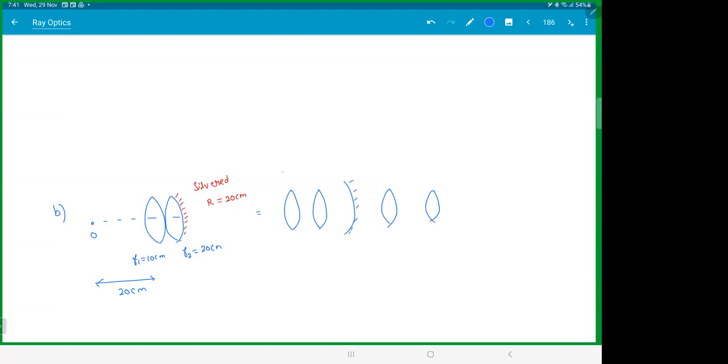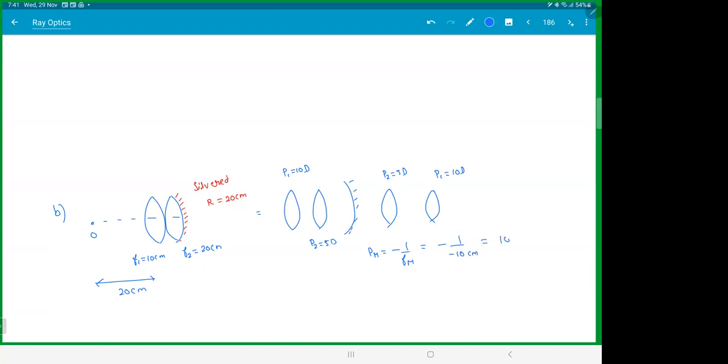So what is the power P1? P1 we just calculated. P1 is 10 diopters. P2 is 5 diopters. So P2 is 5 diopters and P1 is 10 diopters. And the power of the mirror will be minus 1 by Fm. This is a concave mirror, so minus 1 by minus 10 centimeter.